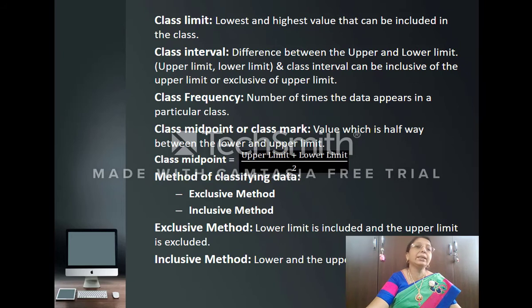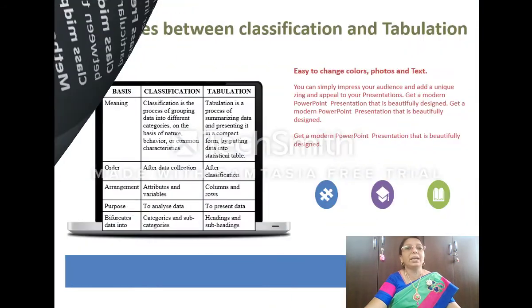So lower limit is included, upper limit is excluded. In the inclusive method, both lower and upper limits are included. So 0 and 10, then it would be 11 to 19. This is how the class interval will go in the inclusive method. So both the lower and upper limits are included, that is the inclusive method.